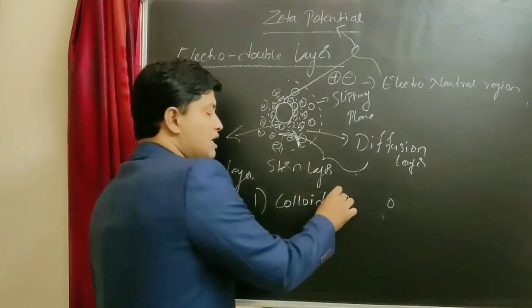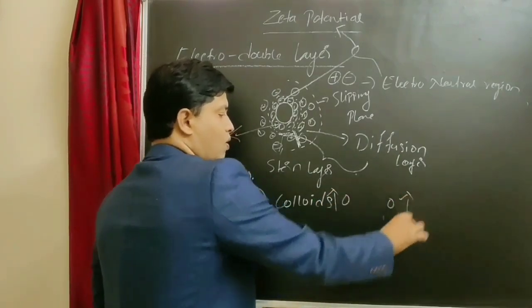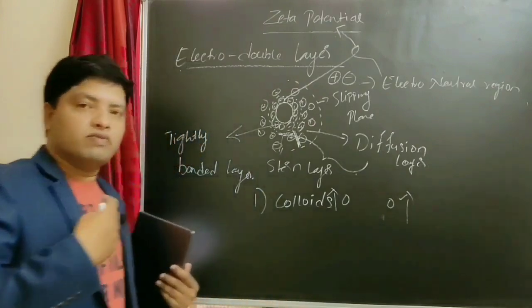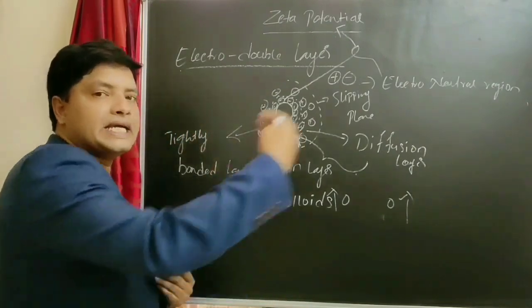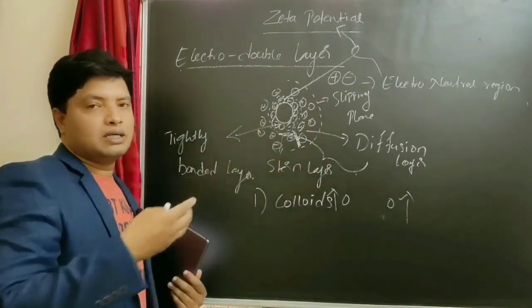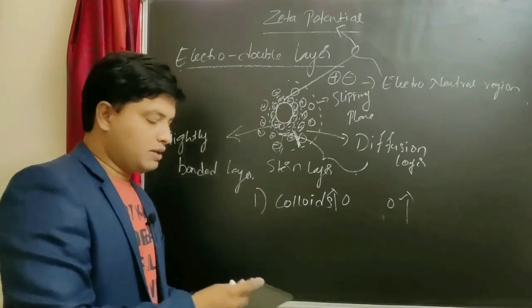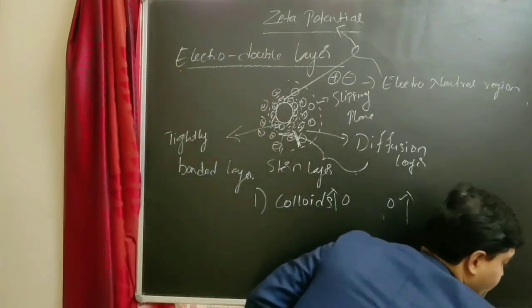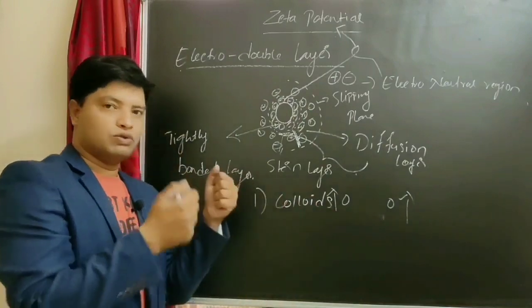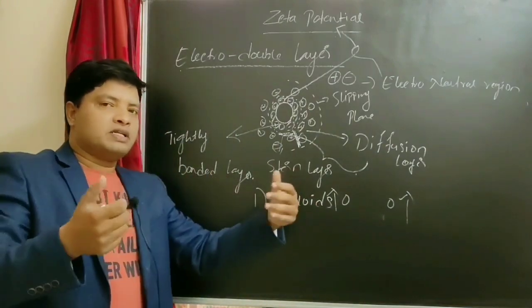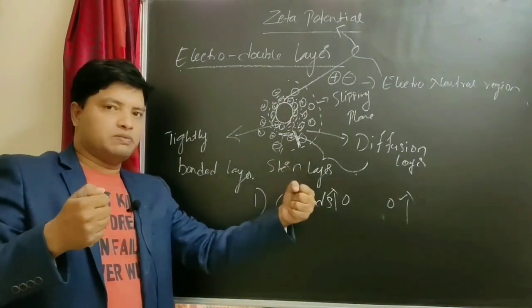When I increase zeta potential, what happens? We need to know what we mean by increasing zeta potential, and what we mean by decreasing zeta potential. Assume that we have two particles here. The zeta potential of this particle is more and this particle is more. Now what happens?